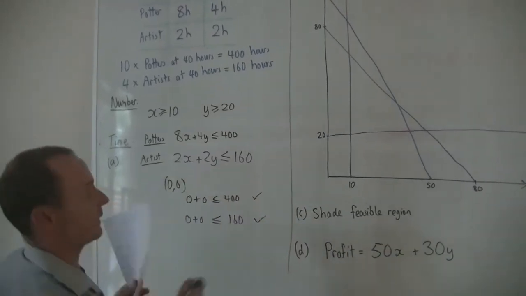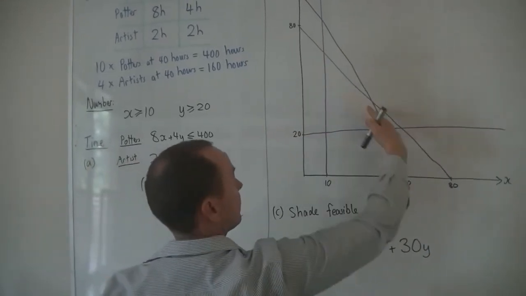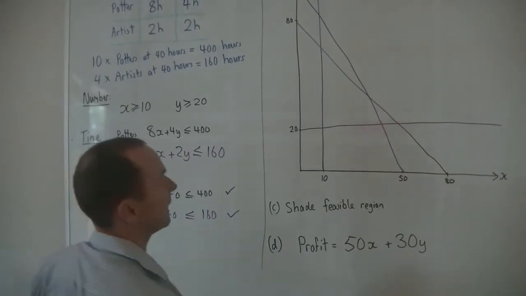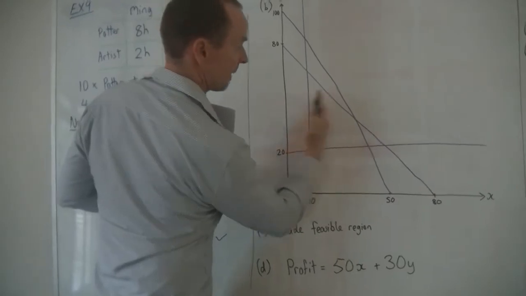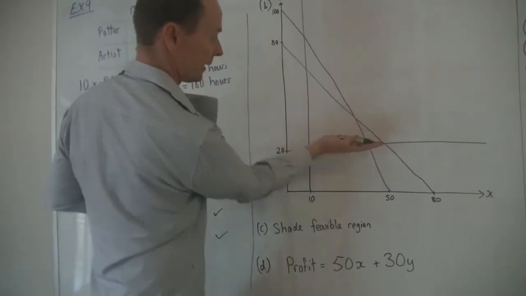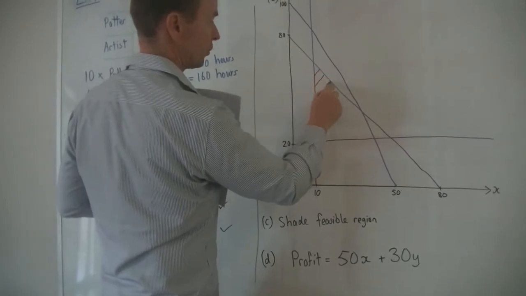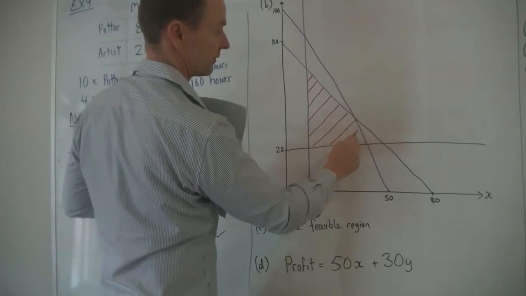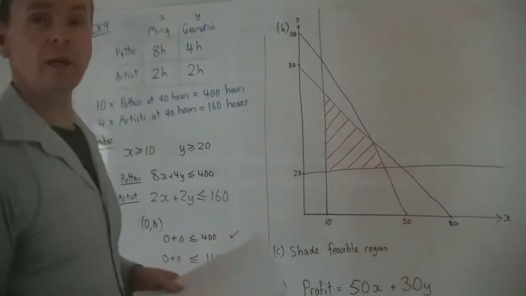Alright, which means that the point 0, 0 is in the feasible region, so it means it's below that line and below that one there as well. Which means that the region that we require, it's above that one, it's to the right of that line, it's above that line, it's below that one and below that one, so here is our feasible region. So just make sure in a SAC or a test you do this very clearly. So there's our feasible region.